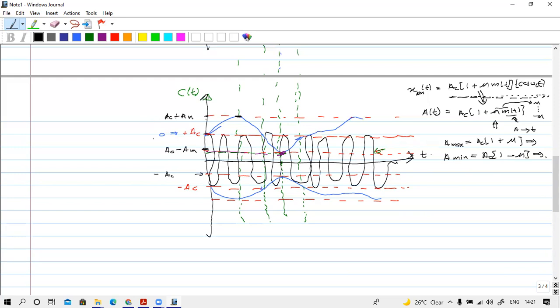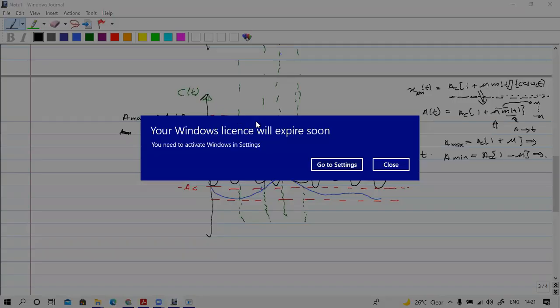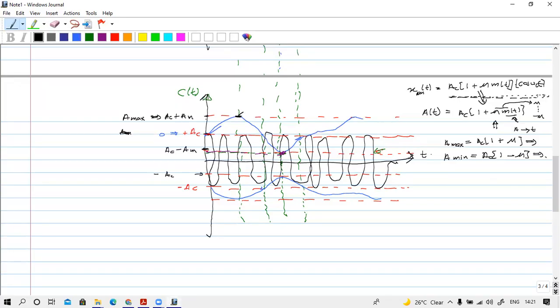So this point is the A max, the maximum amplitude of the envelope. And this point is the minimum amplitude of the envelope, A min.